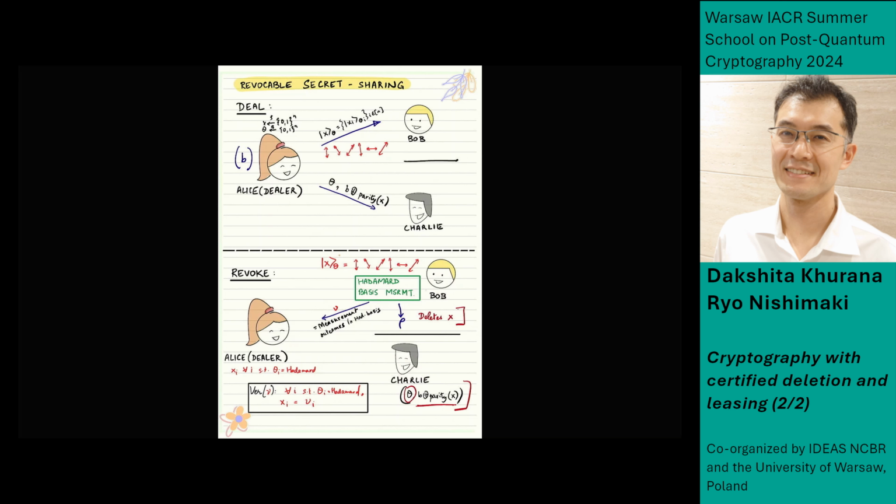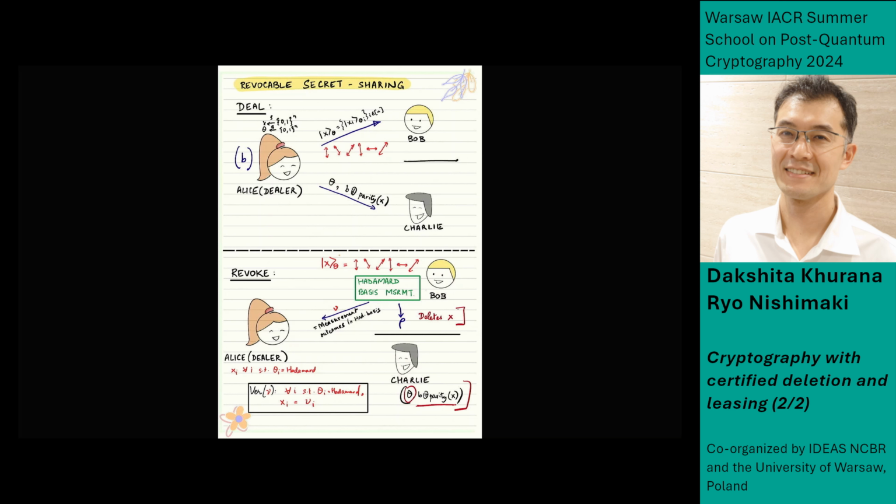Alice checks this certificate by using X and theta. So Alice checks, for i such that the basis choice is the Hadamard basis, whether this certificate B i is equal to X i.